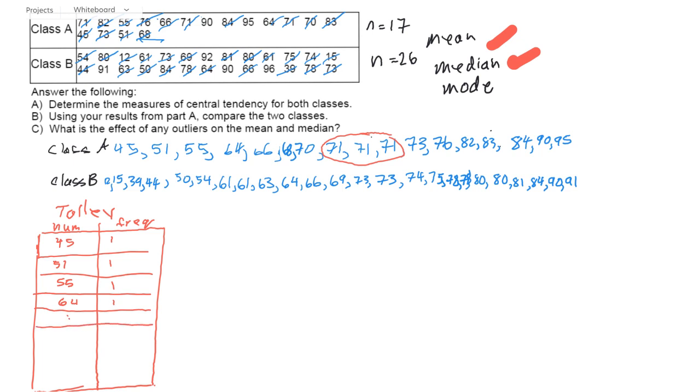Eventually, you're going to find that for 71, there is 3. And you go through the rest, and you'll find that none have more than our beautiful number 71. So then 71 is the mode for class A.